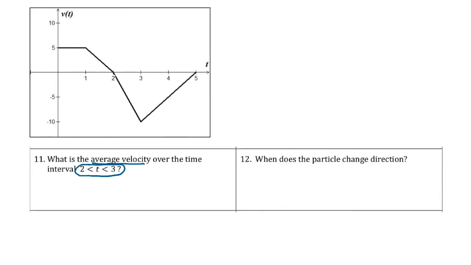If you're looking for the average velocity, really the average velocity, AROC, of v at t, can be approximated by finding the position. So we're going to say the position function, s at 3 minus s at 2, and that's all over 3 minus 2. So that's going to be your average rate of change.